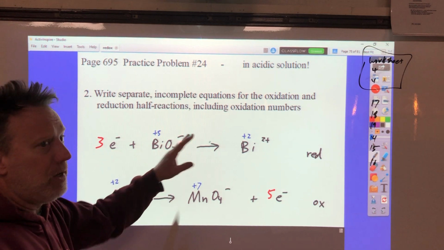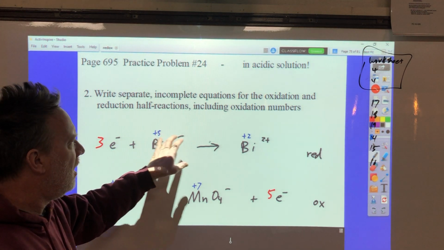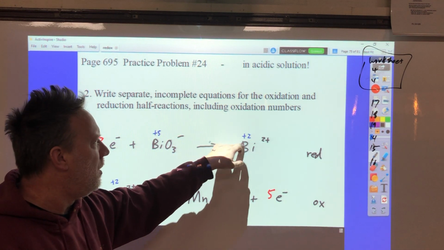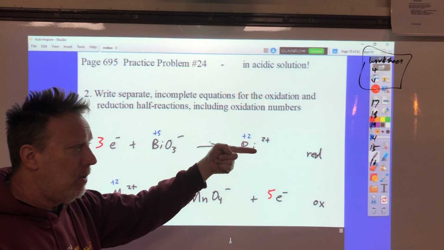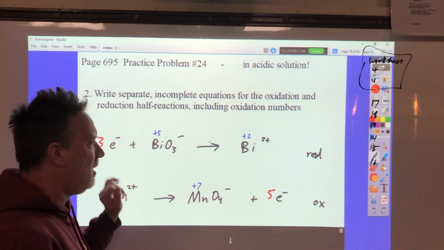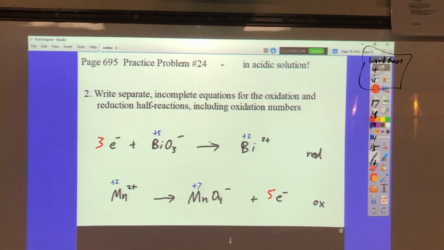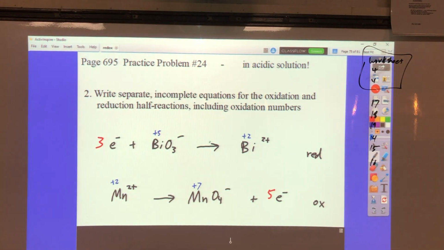The only thing you're putting the electrons in there for is to show really whether they're going in and you're gaining electrons or if you're losing. We don't really care about this number at this point because we haven't balanced the atoms yet.